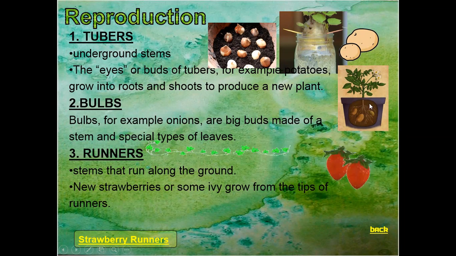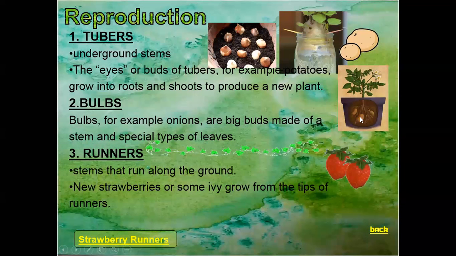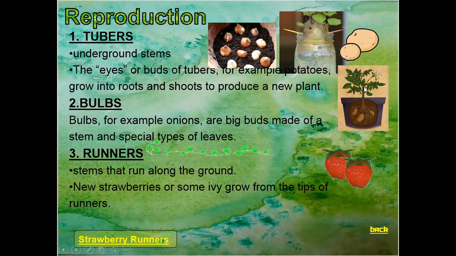Here you can see the chart. One potato becomes maybe five, six, seven. Good. That is the first, tubers.